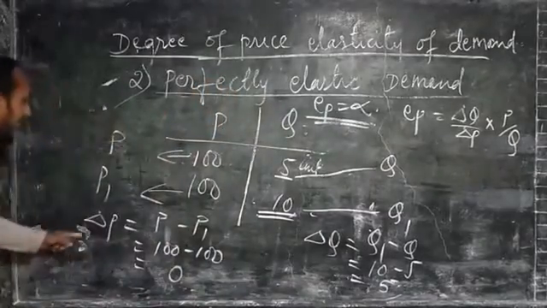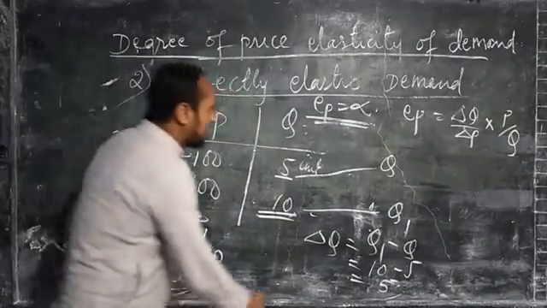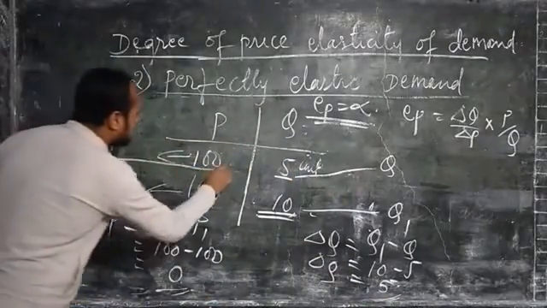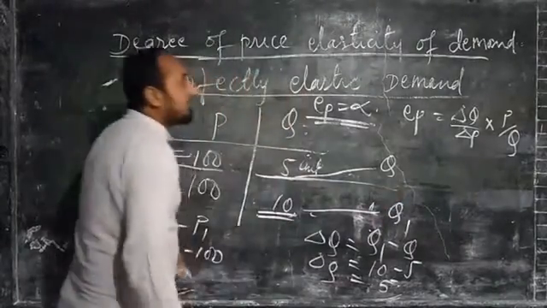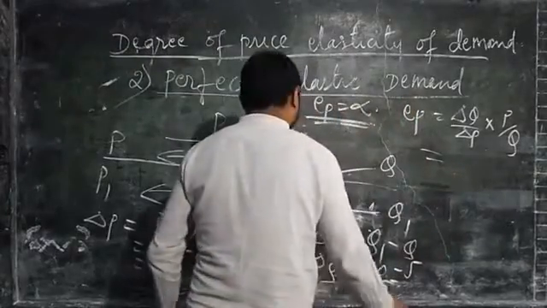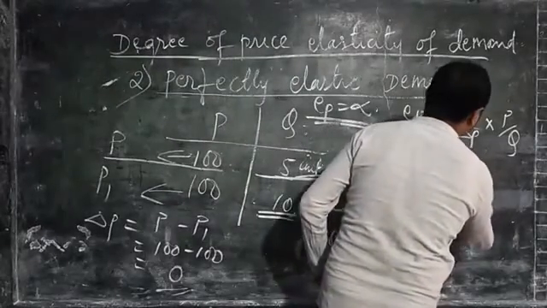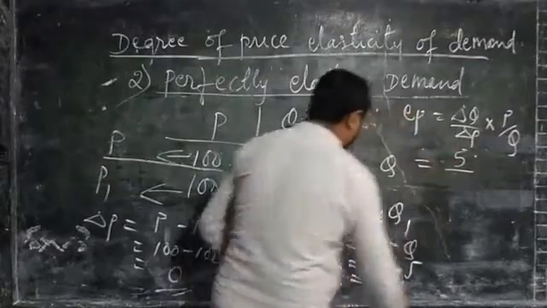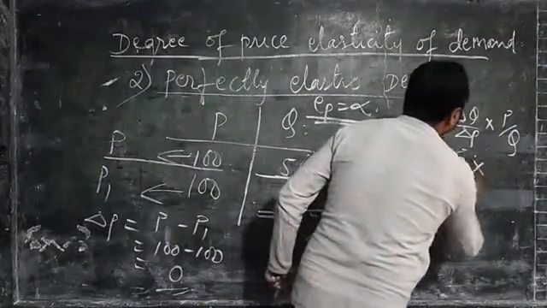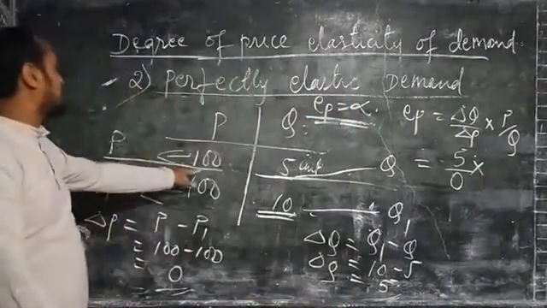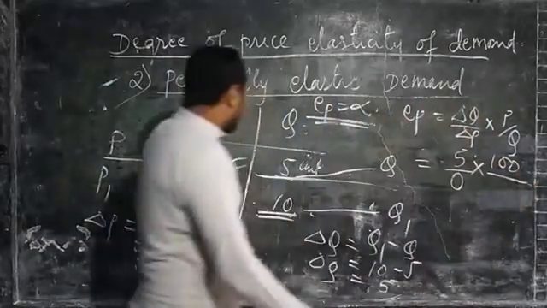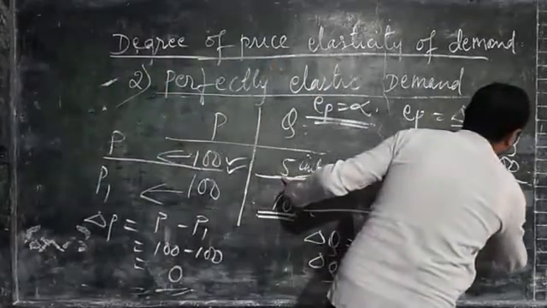Now putting in the values of del P, del Q, initial price P and initial quantity Q, we will get the value EP equals infinite. Okay, so put in the value of del Q, which is 5, and del P, which is 0. So here 0 into the initial price of the commodity, which is 100, divided by the initial quantity, which is 5 units.